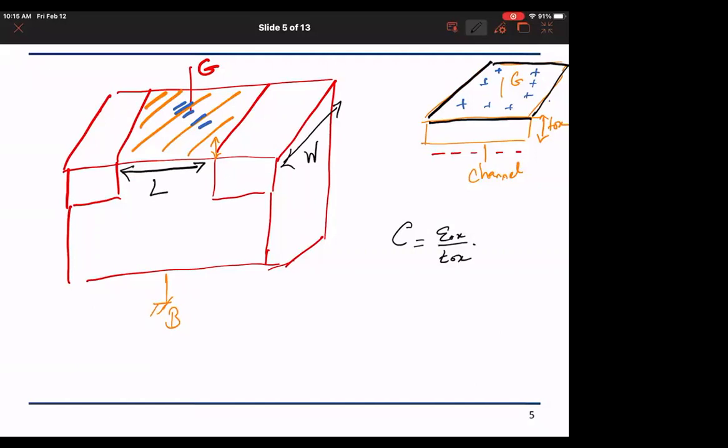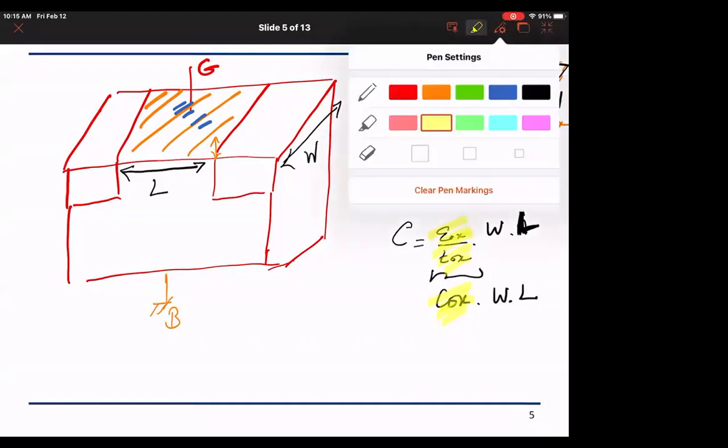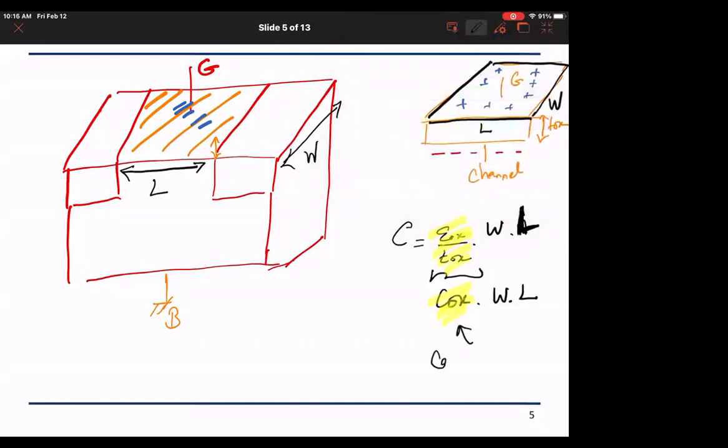So this is W and this is L, so W times L is the area, and this epsilon ox over Tox is the Cox that we just calculated before. So now what we care for is to define a unified value, because Tox is independent of L and W for all the transistors, Tox will be constant, and epsilon ox is a property of the material. We define this as the capacitance per unit area.